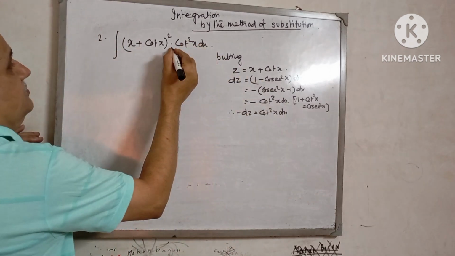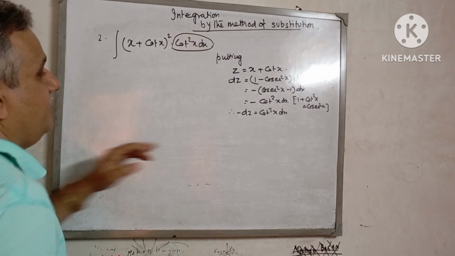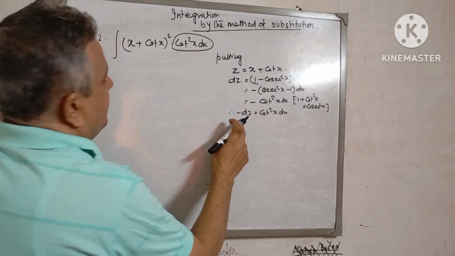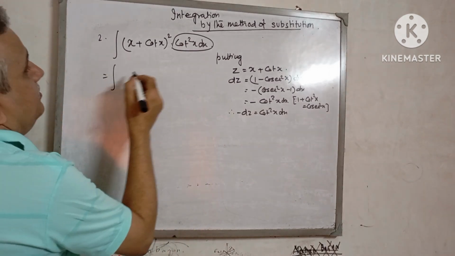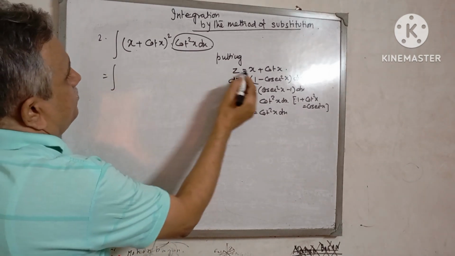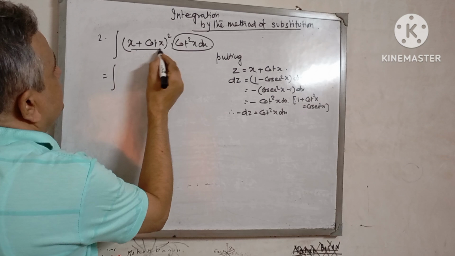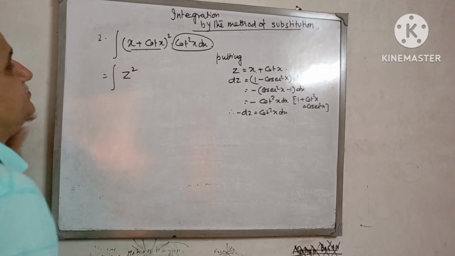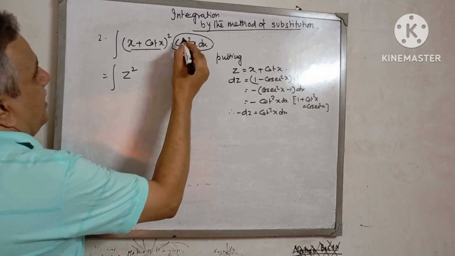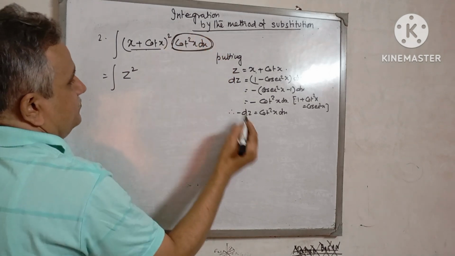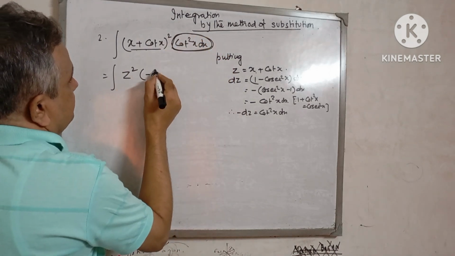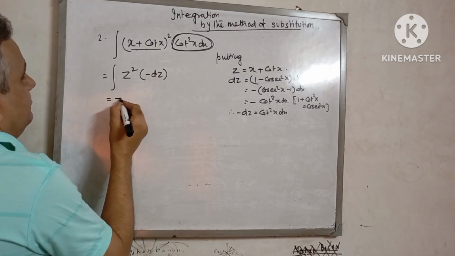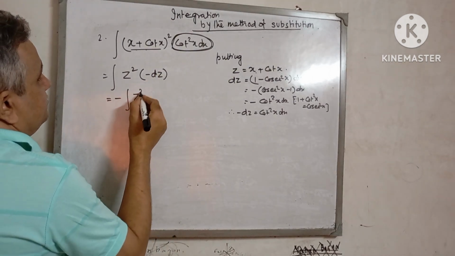Now we substitute this cot square x dx by minus dz, and we have putting x plus cot x is z. So x plus cot x whole square is z square, and this cot square x dx we can write minus dz. Now minus z square dz.